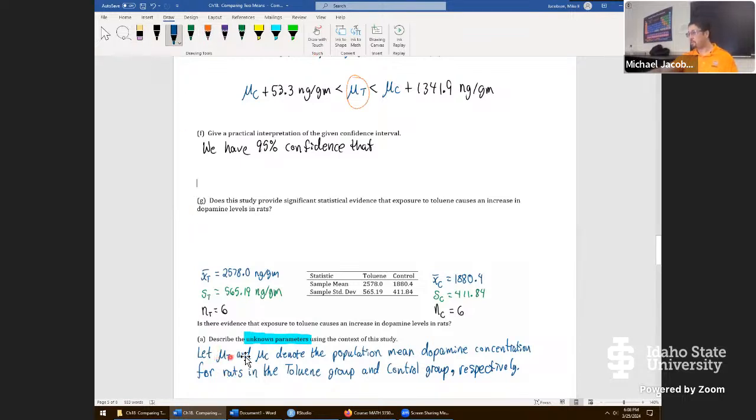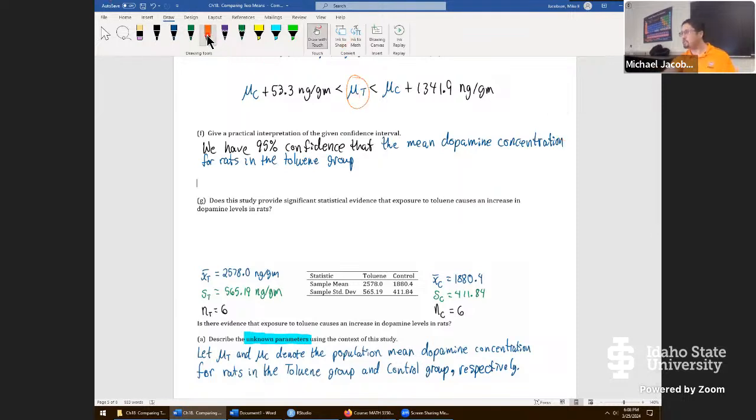So down below, mu t was the mean dopamine concentration for rats in the toluene, such a weird word, group. So I've mentioned this right here.